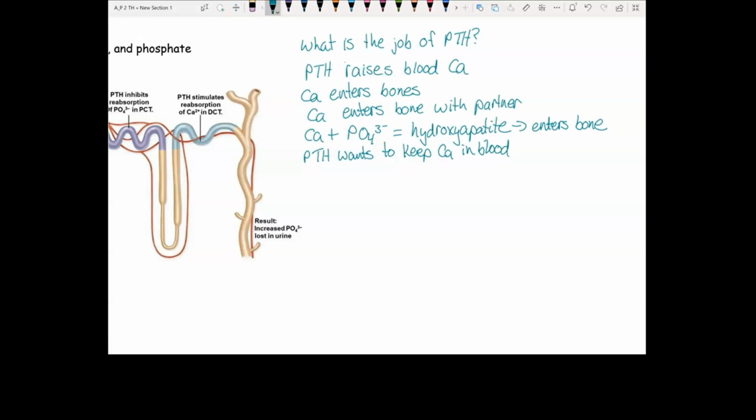One of the ways to keep calcium in the blood is to prevent it from entering the bone. And you can prevent it from entering the bone by taking away its partner.